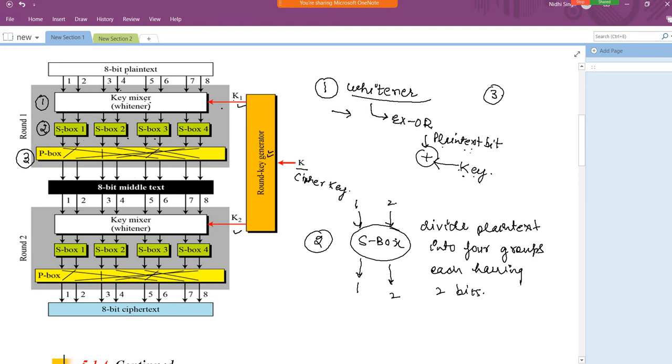So you can see 2 inputs, that is 1 to 2, is the input of S-box 1. 3, 4 is the input of S-box 2. 5, 6 is the input of S-box 3. 7 and 8 bits are the input of S-box 4. Because the number of bits in the input and output are the same, 1, 2, 3, 4, 5, 6 and 7, 8 will be the output.